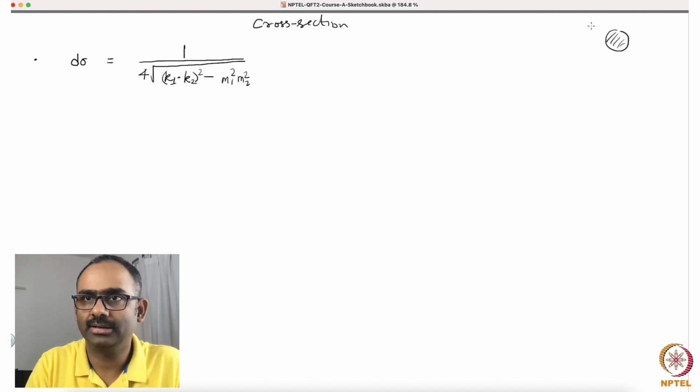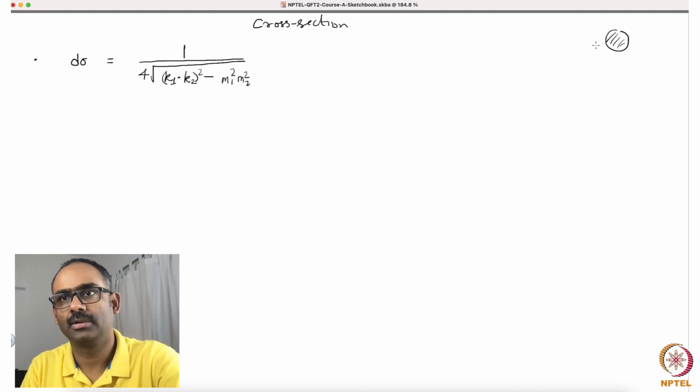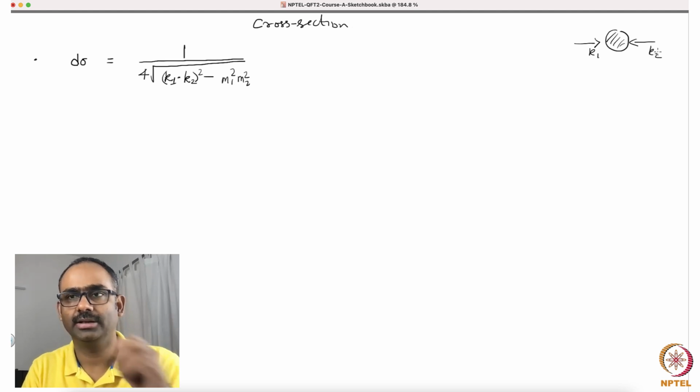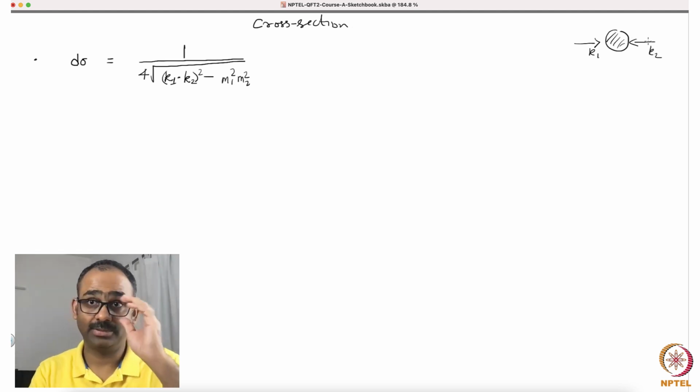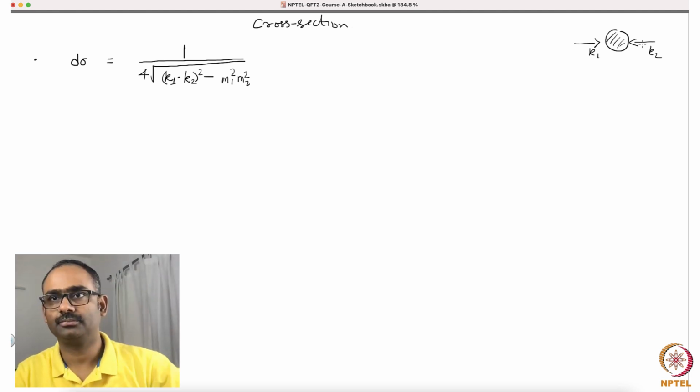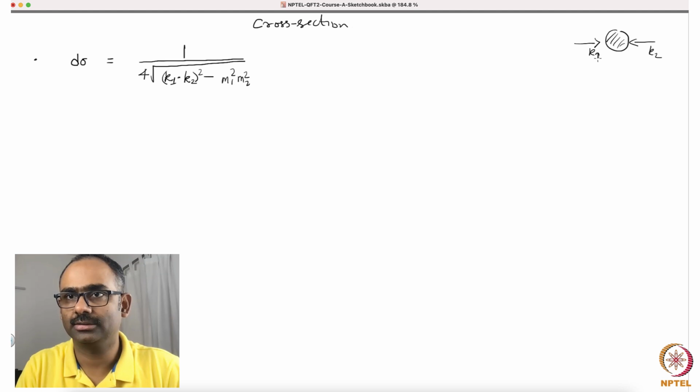So we have some scattering happening, and these are the incoming particles of momentum k1 and k2. Okay, this beam had momentum, I think I called it k1, so I should label it like this.